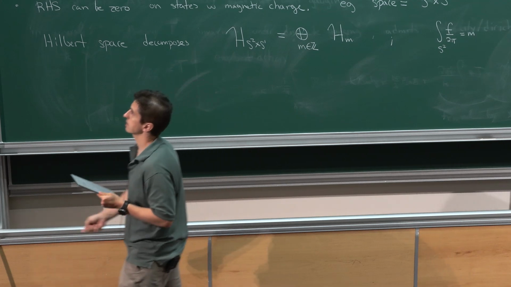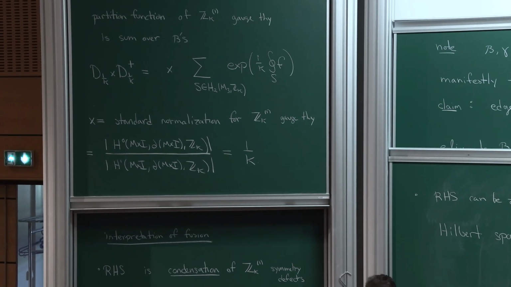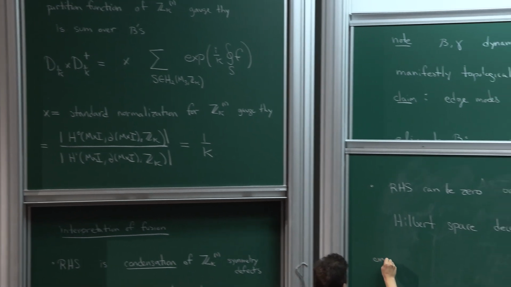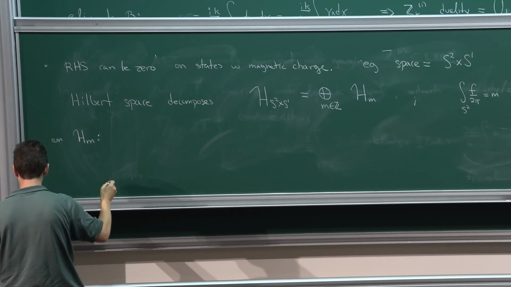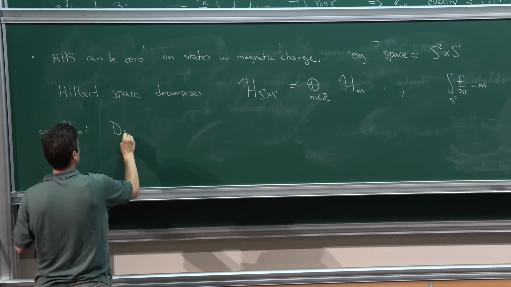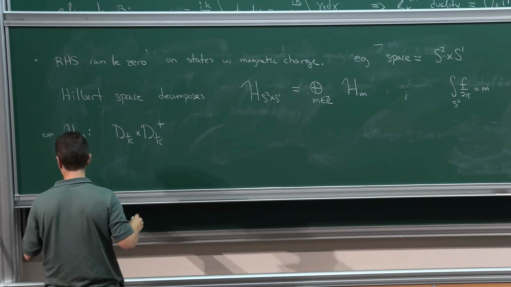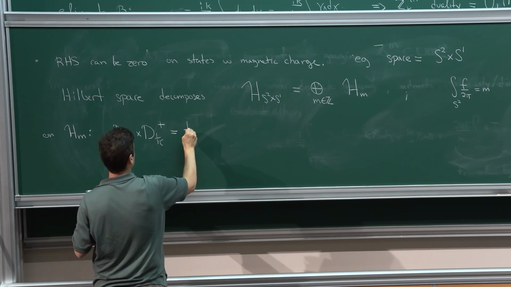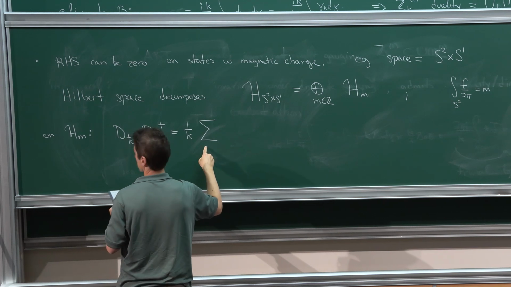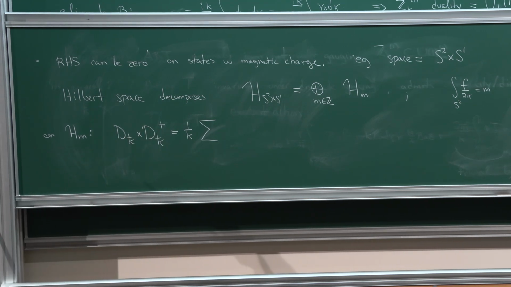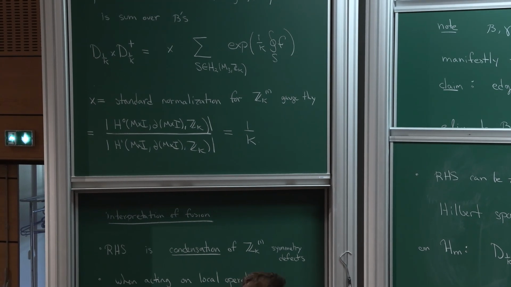So now let's act with that fusion rule. On H_m, what do we have? D_{1/k} times D_{1/k} dagger is 1 over k times a sum. There's only one 2-cycle here, where M3 is S2 times S1. There's only the one 2-cycle.